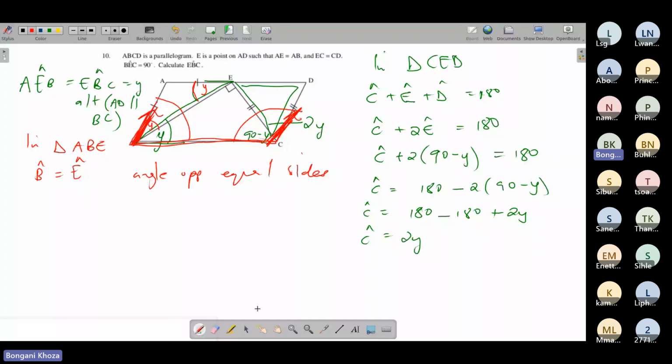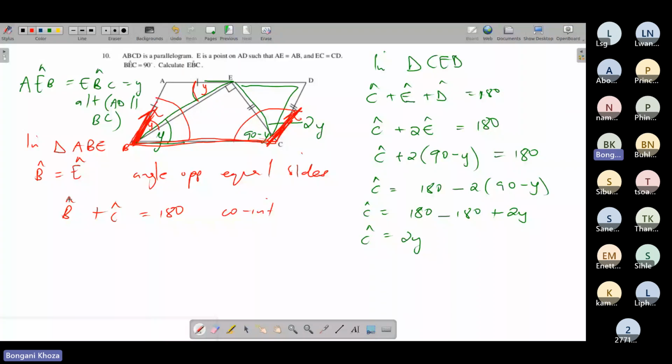Co-interior, right? So we are taking angle B plus the whole of angle C to be equal to 180. The reason for that is those are co-interior angles.